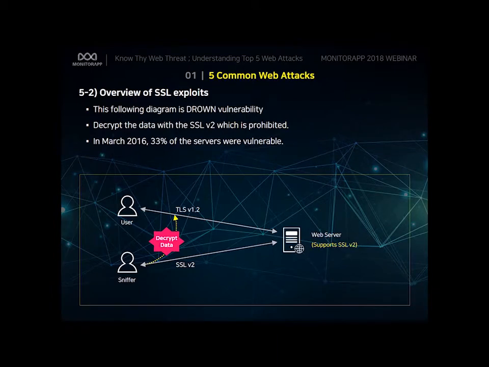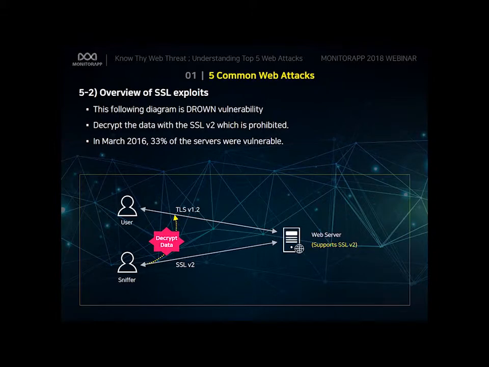Another vulnerability is called the Drown vulnerability, discovered in 2016. It is one of the attacks very similar to the Poodle attack just described before. It is one of the attack methods that reads data from the general user by using the lower SSL version.